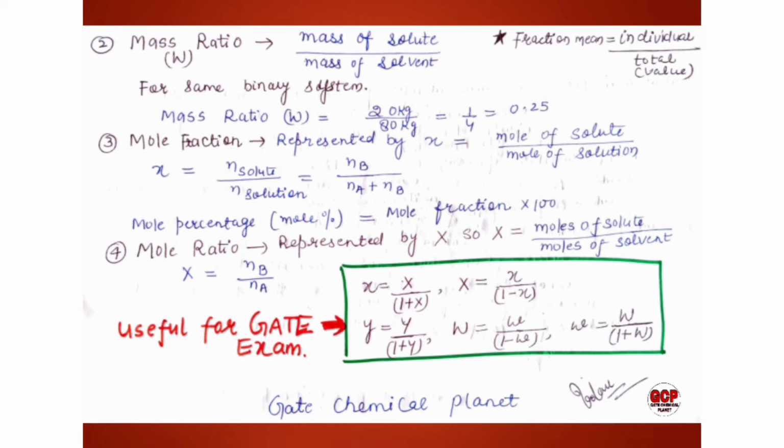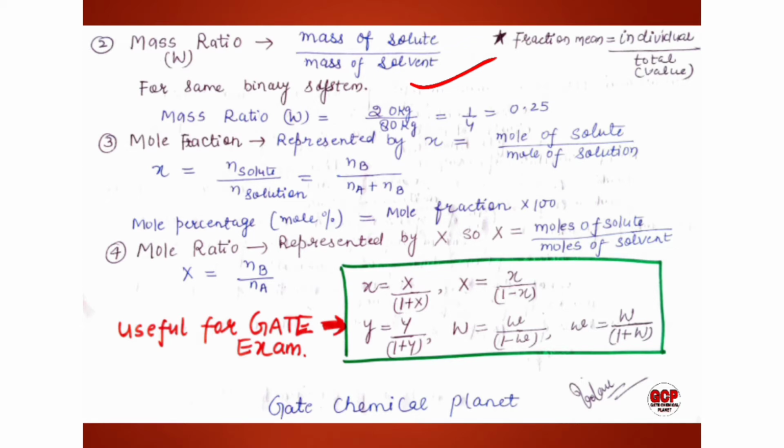Mass ratio. Mass ratio is equal to the mass of solute divided by the mass of solvent. In the case of mass fraction, we were using the mass of solute divided by the mass of solution. So here we are using the mass of solvent in the case of mass ratio.